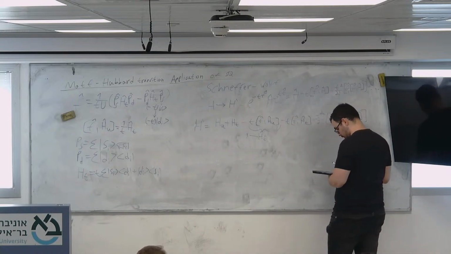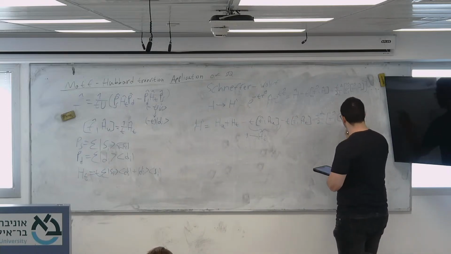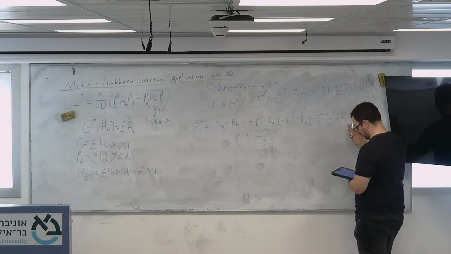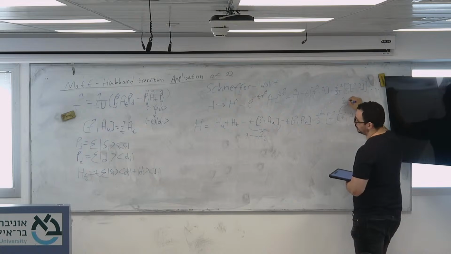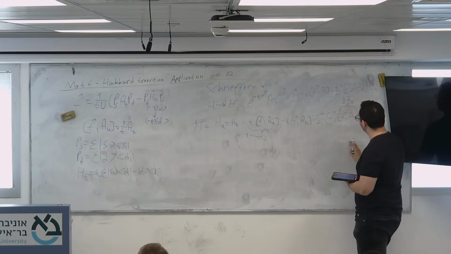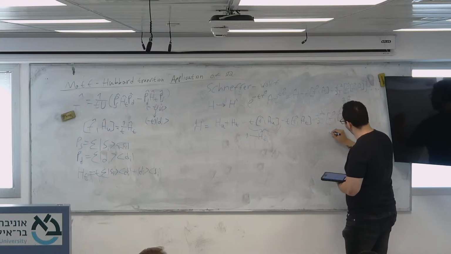All right. This term will be, it's right here, 1 divided by t HT. So overall, this term will be t divided by 2 [F, HT].